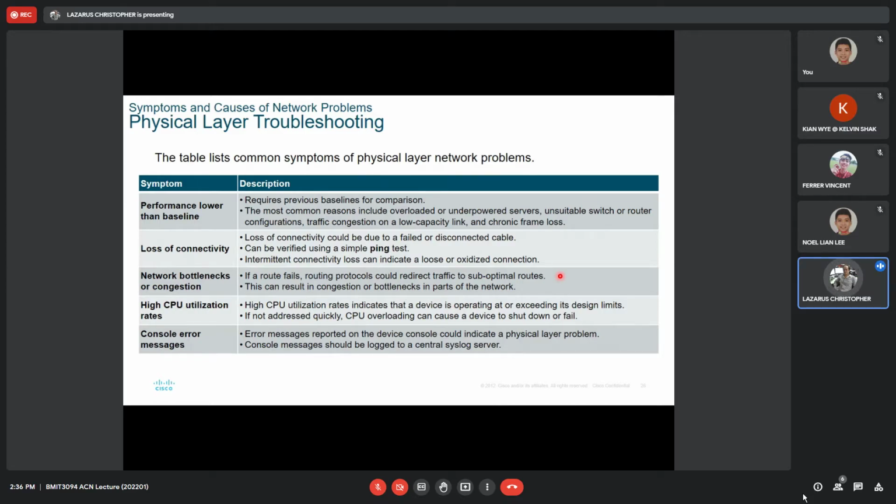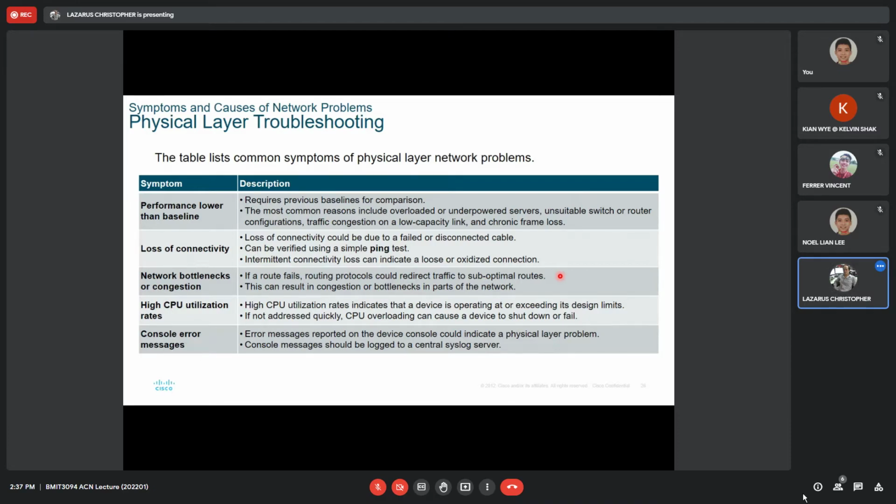So now the router is choosing the second route, but the second route is not as fast as the previous route. That means it's suboptimal. So that's why there's congestion.